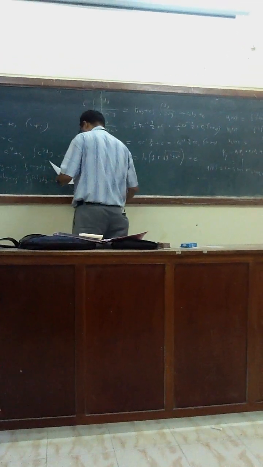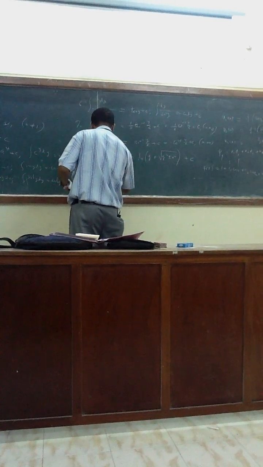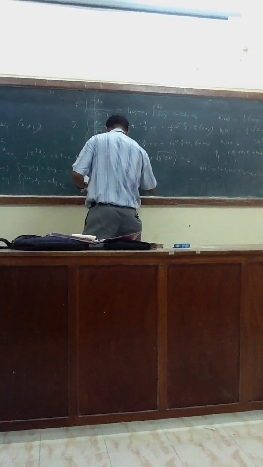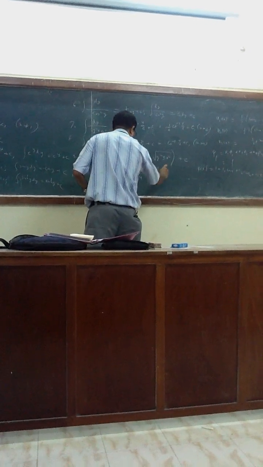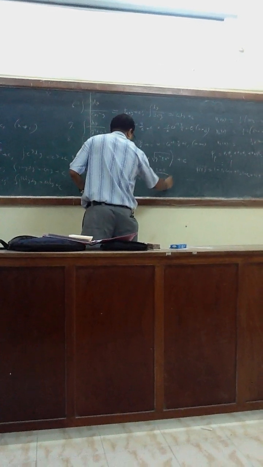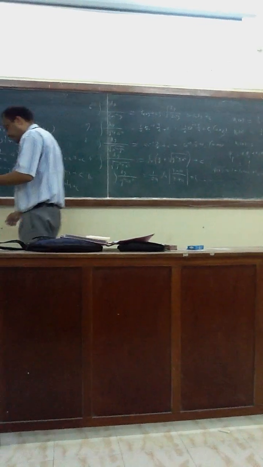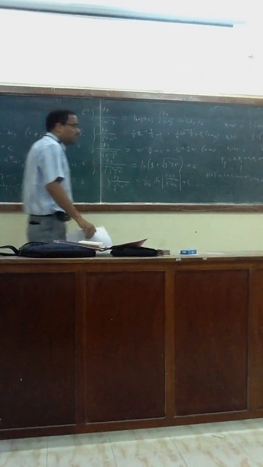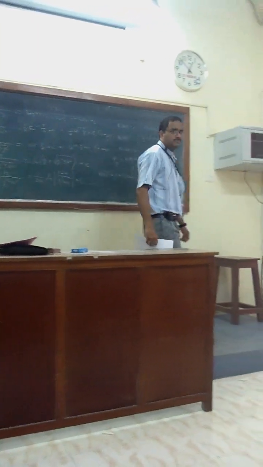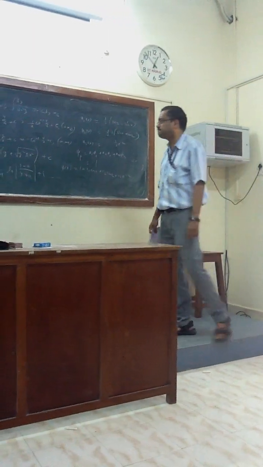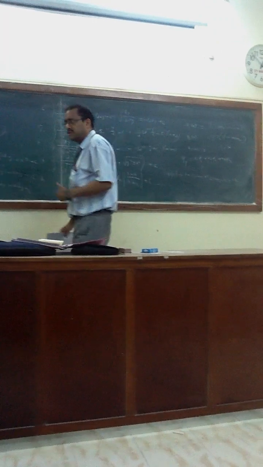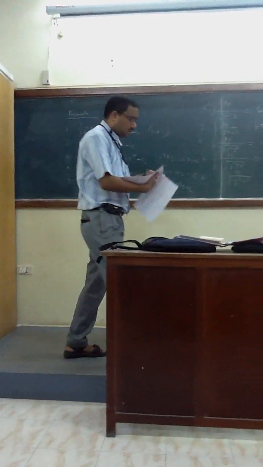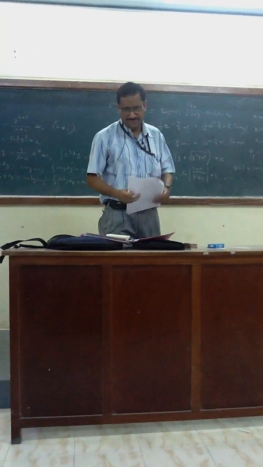Number 10, integral dy/(y^2 - a^2) is (1/2a) ln|(y - a)/(y + a)| plus c. So this formula we need to remember, right? With that I will start the steps to solve.